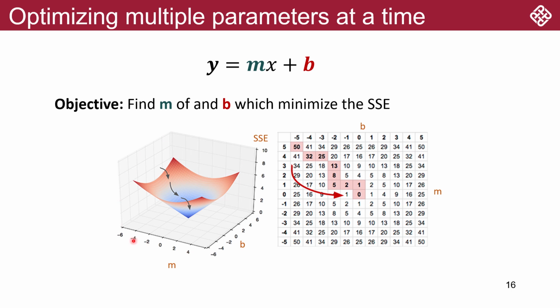This axis is the slope, this one is the y-intercept, and your error changes based on the slope and also on the y-intercept. So a better way to calculate the linear equation is to travel through this surface and find the local minimum. The minimum will be the best linear equation of your linear regression. That is the minimum point, and we want to find it by tuning the slope and also the y-intercept.